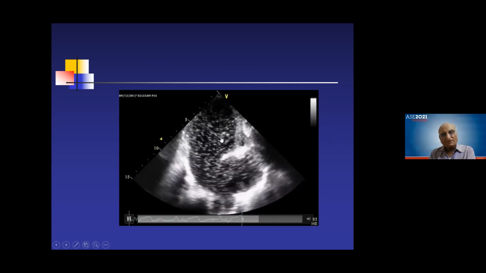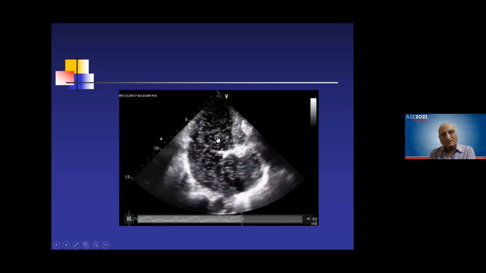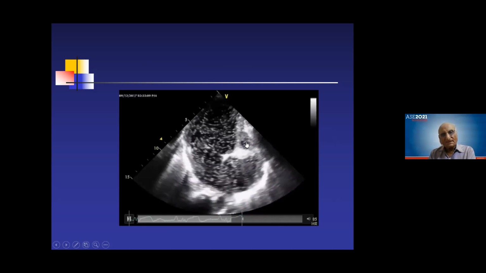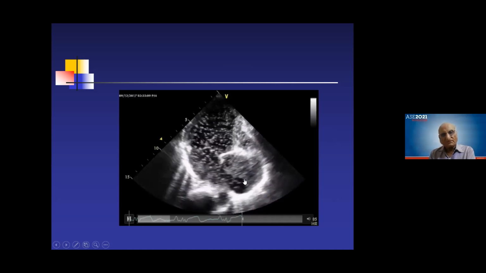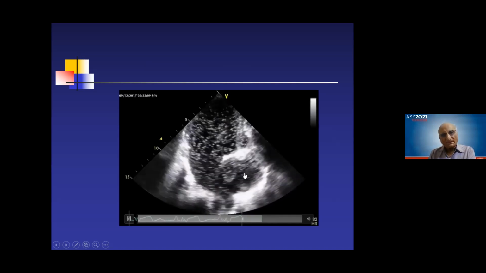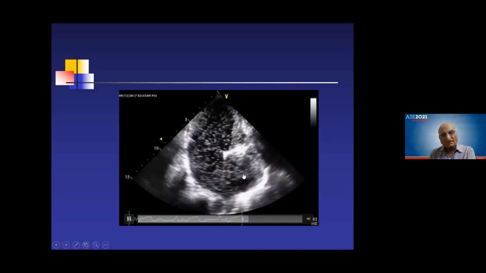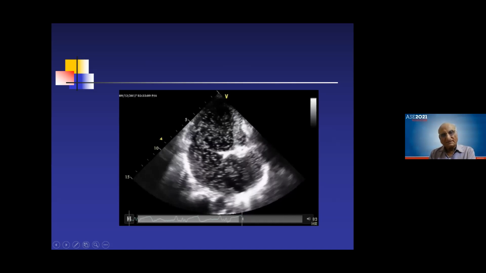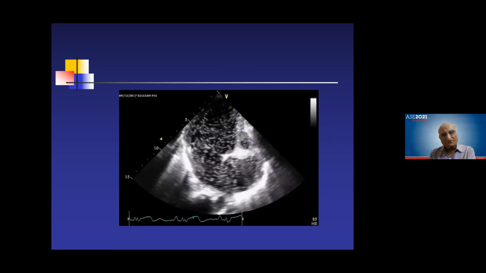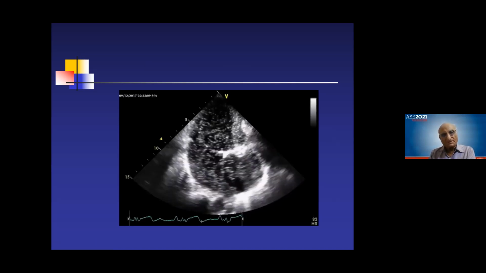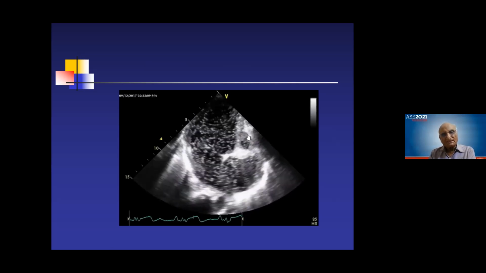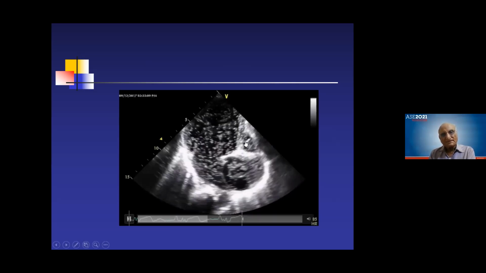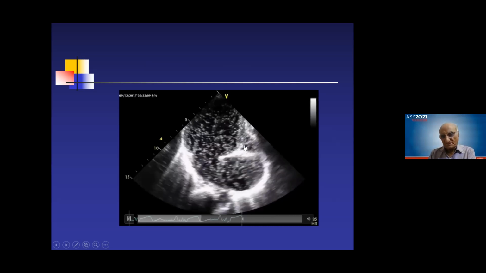That means some of the contrast from the left ventricle goes to the right ventricle. So although we were not able to see this by color flow mapping, you see the contrast shows the right atrium and a filling up of the left atrium through the right to left ASD, left ventricle, and a nice contrast in the right ventricle.